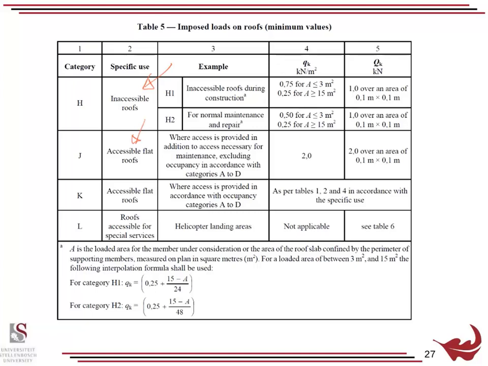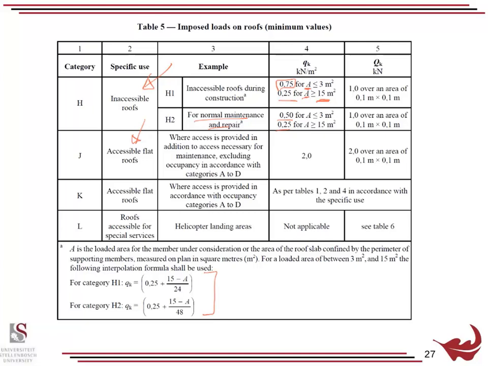And depending on the size of what you were designing, your area, for areas less than 3 square meters, you design for 0.75 kilonewtons a square meter, and for areas of 15 square meters and above, 0.25. So just have a look at how big your design is. And then for normal maintenance and repair, you've also got some loads you would use, and then you can interpolate between them.